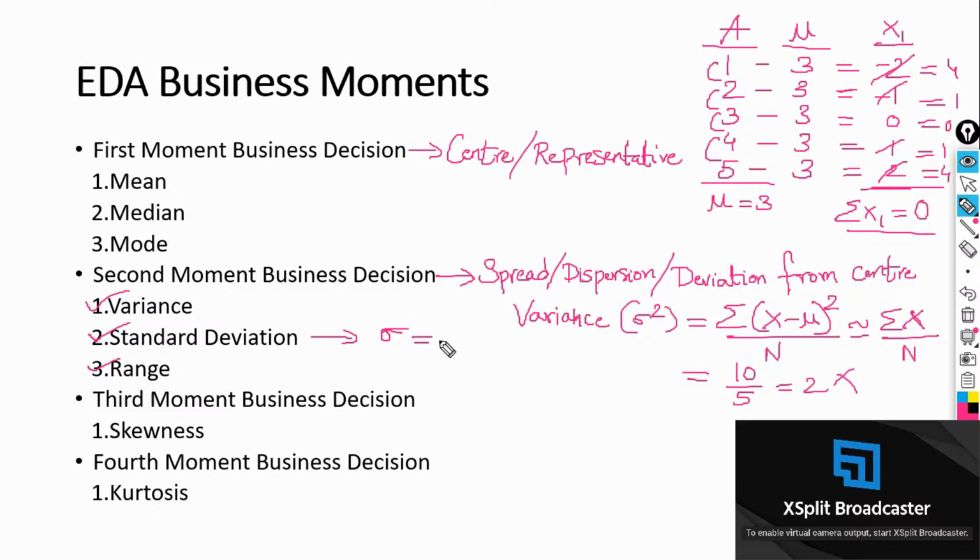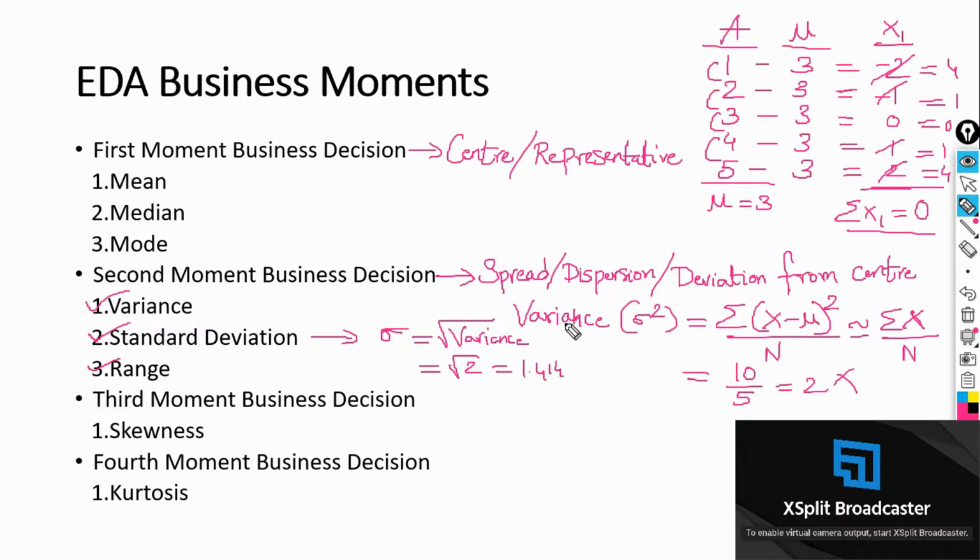It is nothing but square root of variance. So here you will get the original spread, 1.414. Is it clear? Here I'll get the overall original spread of the data, it is 1.414.